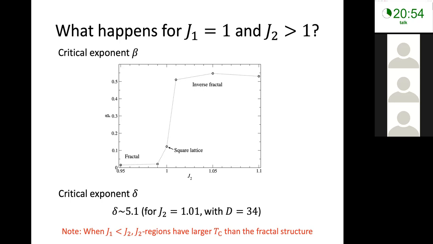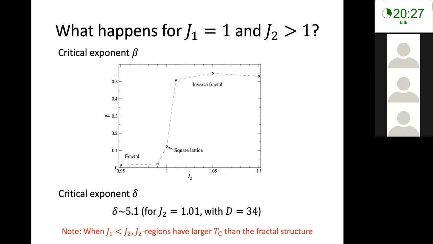So this destroys the phase transition of the J1 structure due to some kind of external field acting at its boundaries. However, when J2 is not much larger than 1, we could still extract the critical behavior or properties of the inverse fractal. All right.